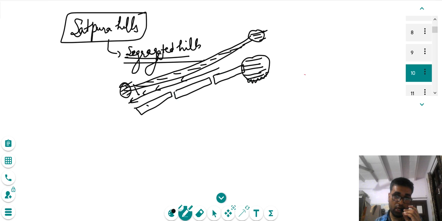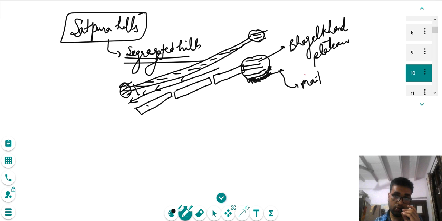And on the south of Baghelkhand Plateau, you have escarpments which are called Maikal Hills. This is the Rajpipla, Pipla Hills.